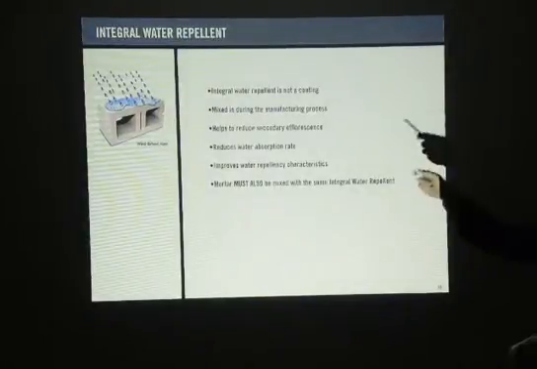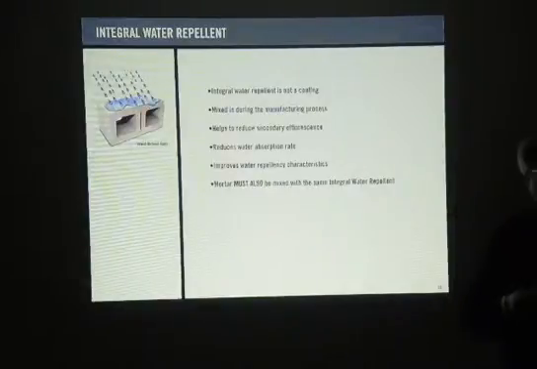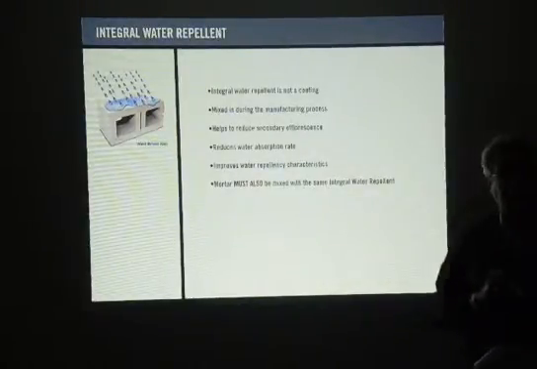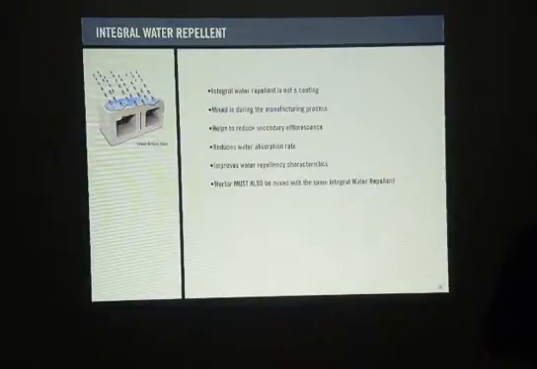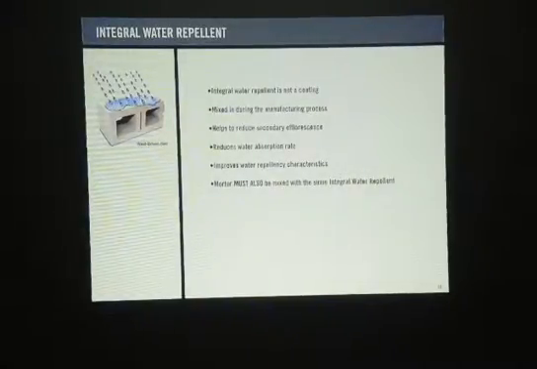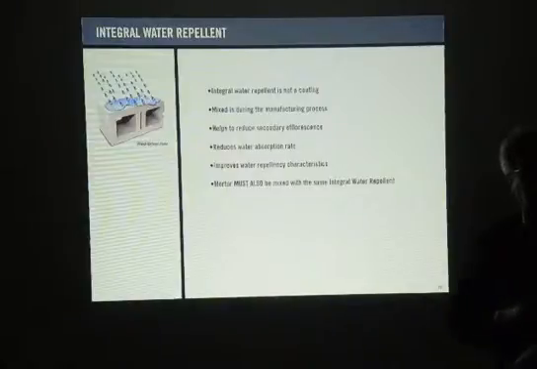But an integral water repellent sometimes comes in handy, not so much for the lighter colors, but for the darker colors. Why? Because the darker colors have a tendency to effloresce. They have a lot more moisture that shows on the surface, and then when it dries out, it chalks, it effloresces. So for the darker colors, and this is what the transit center wants because they're going with black, they want an integral water repellent.